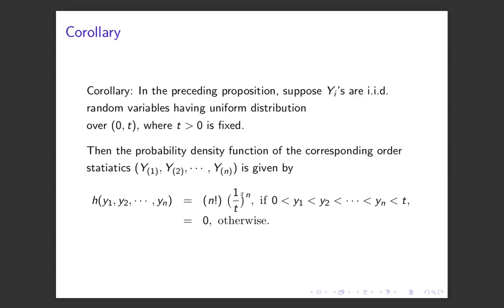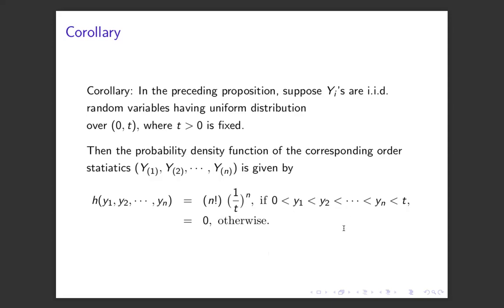Recall that 1 over t is the uniform density over 0 to t, that is the PDF of the uniform distribution on the interval 0 to t, so that is raised to the power n. This holds if all the yi's are in strictly increasing order and strictly between 0 and t, and elsewhere the PDF is 0. So it is this set where the order statistics will take value. Probably we had denoted this by G_n,t or something like that.